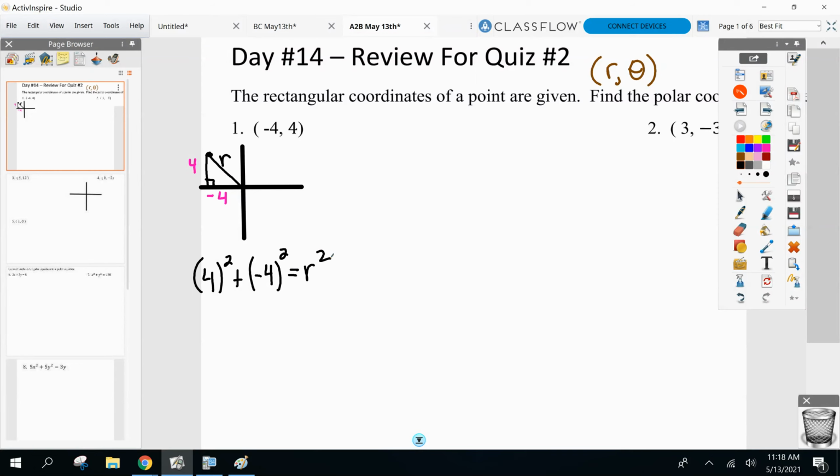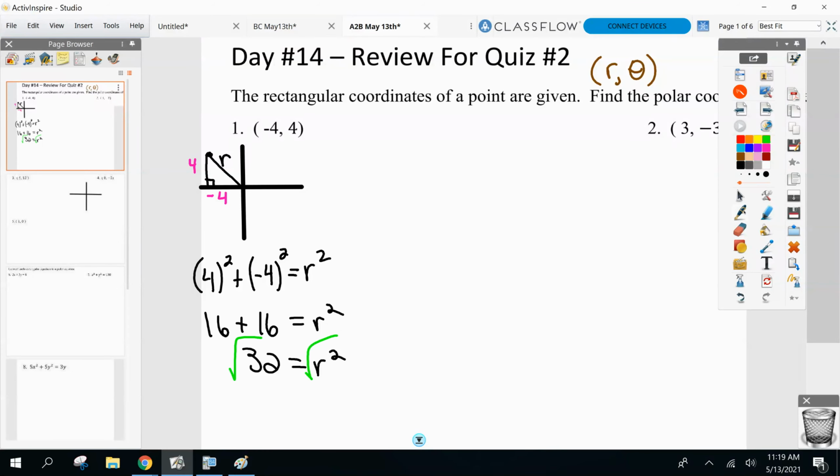Anytime you square something, it comes positive. 16 plus 16, positive 16, equals R squared. 16 and 16, 32, equals R squared. How do you get R by itself now? Do what on both sides? Square root both sides.